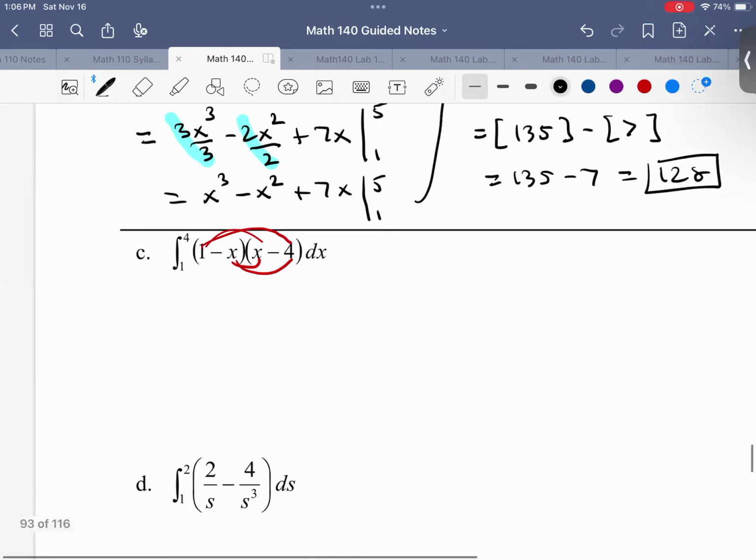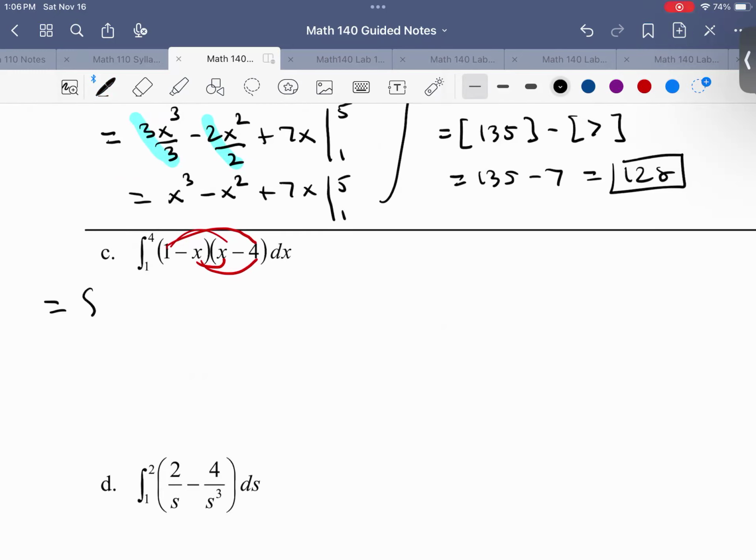So let's go ahead and write that out. What this becomes is the integral, just rewriting the integral from 1 to 4. Let me do this process again. 1 times x is x. Then 1 times -4 is -4.